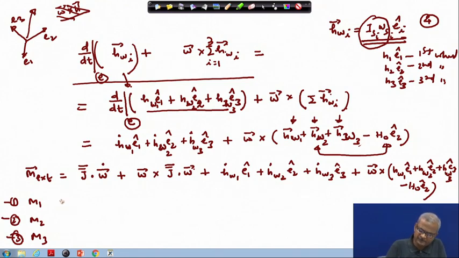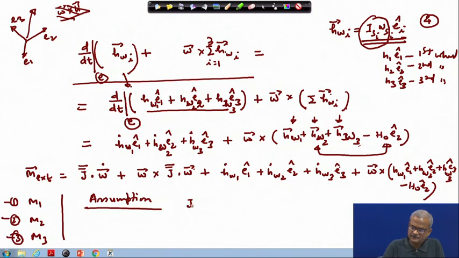So, here we will assume that J double bar, it is the equivalent of the matrix notation.